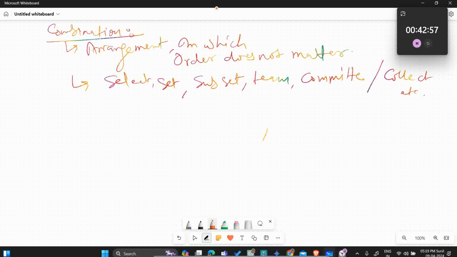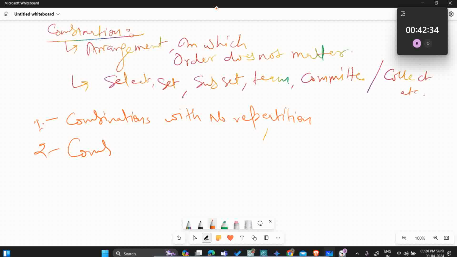So there are three types of problems in combinations. First is combinations with no repetition. Second is combinations with limited repetition.